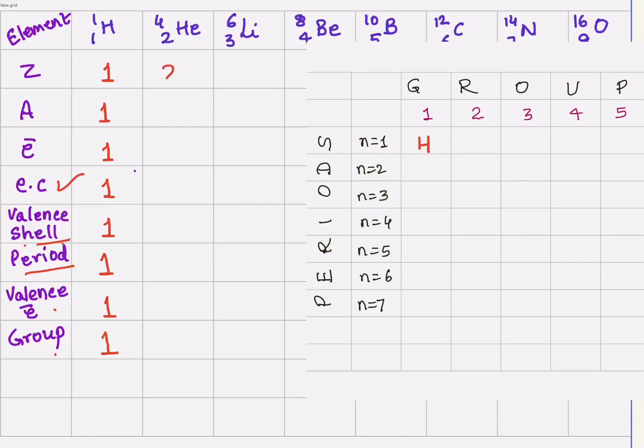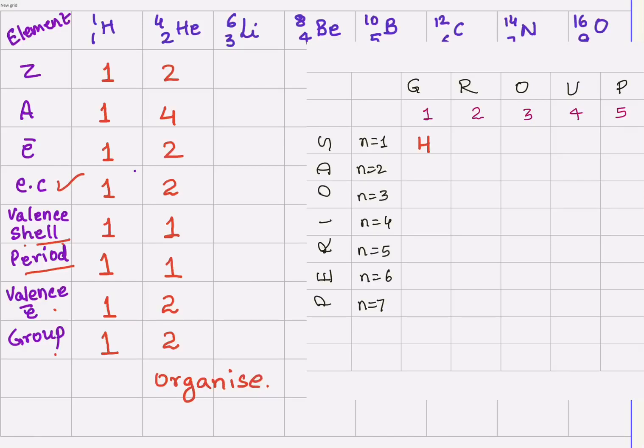Helium again: atomic number 2, mass number 4, number of electrons 2, electronic configuration 2, and the valence shell is again the first one. So the period will be 1. Valence electrons, how many electrons are there? 2. So the group number should also be 2. But the entire purpose of having this periodic table is to help us organize, right?